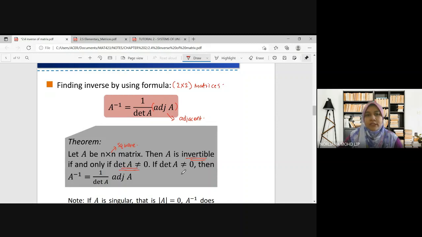Okay, if determinant of A is not equal to 0, then we can find the inverse of A using this formula. A inverse is equal to 1 over determinant of A times adjacent of A.